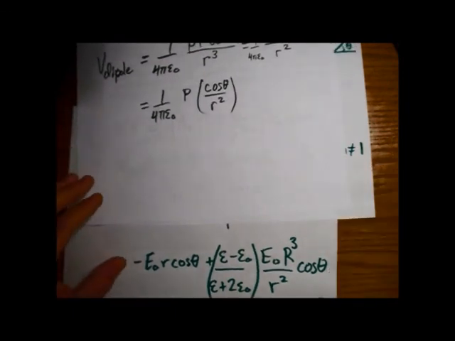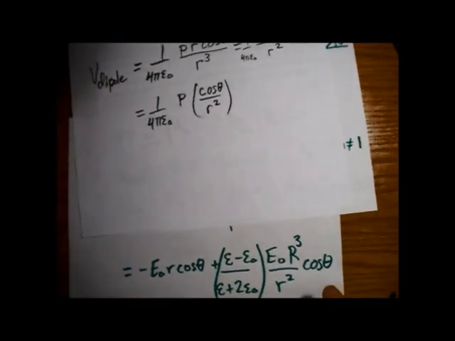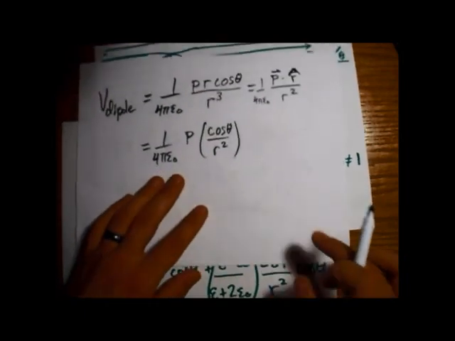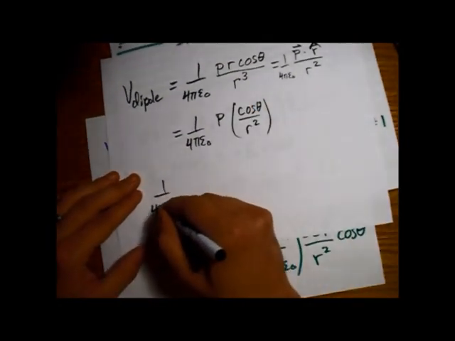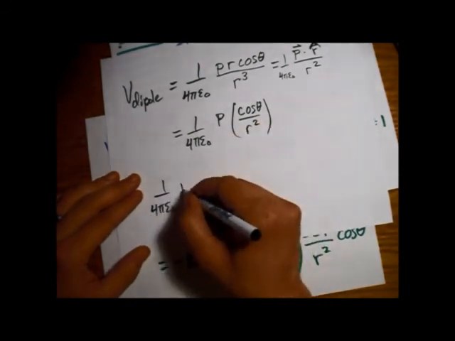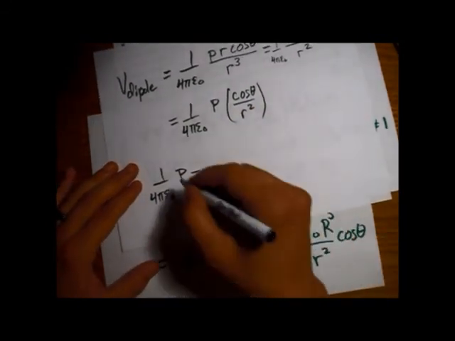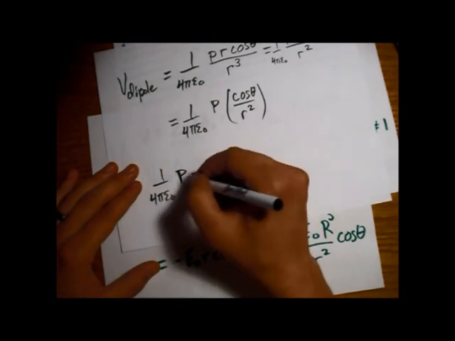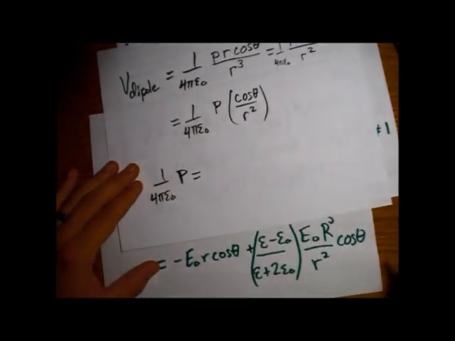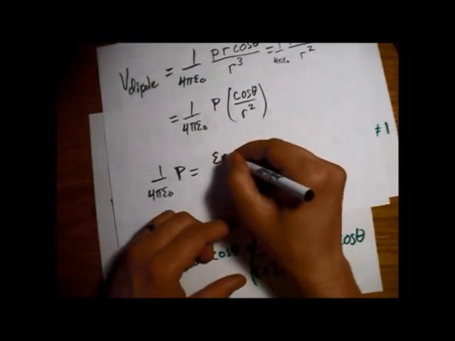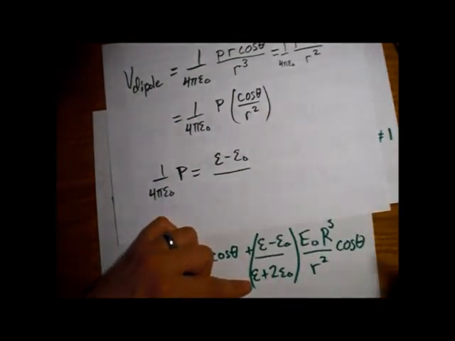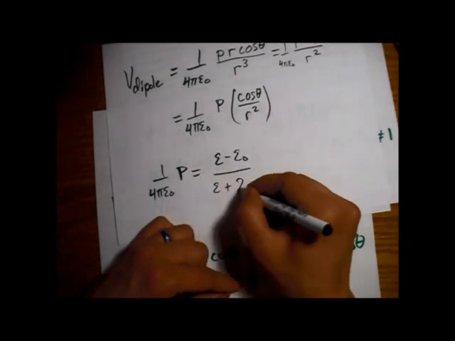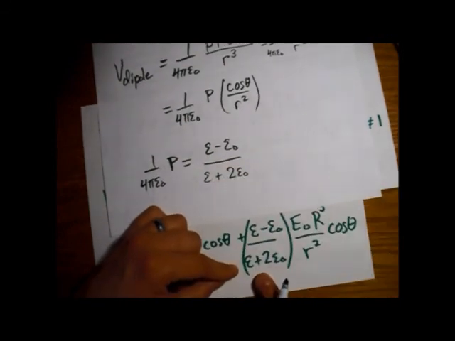Again, we have the cosine of theta over r squared, and that tells us that 1 over 4 pi epsilon naught times p, this is a little case p, is equal to epsilon minus epsilon naught over epsilon plus 2 epsilon naught, from here.